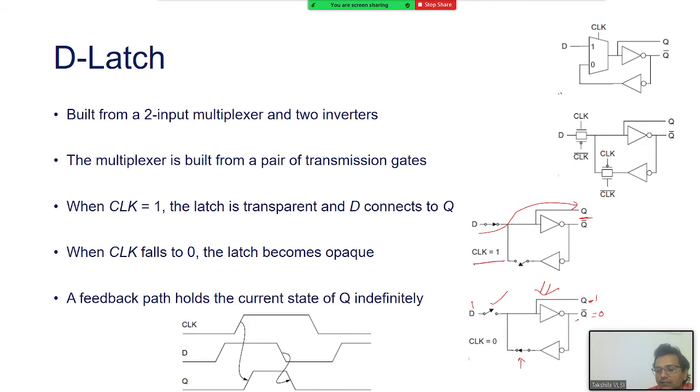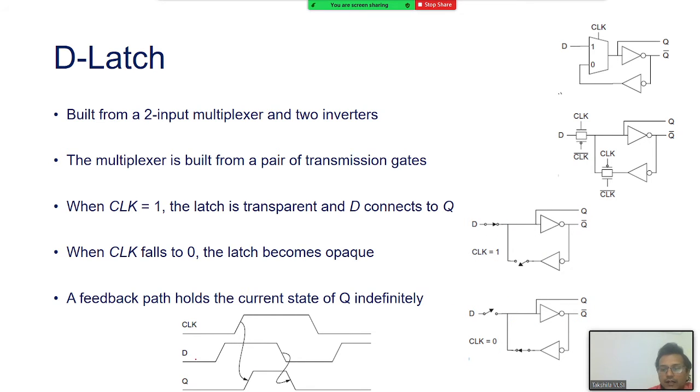So this 0 will come back here, and it will become 1 because of the inverter here, right? So when the clock is 0, the latch is opaque. Opaque means whatever new data is available, 0 or 1, cannot go to Q. So Q will remain in its previous state, right? So this was the switching diagram.